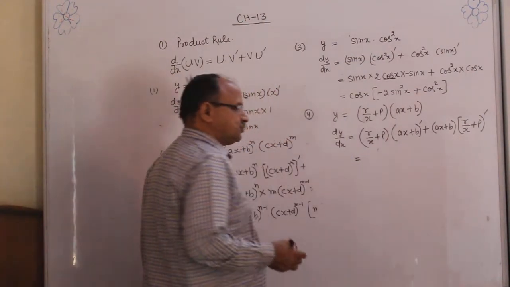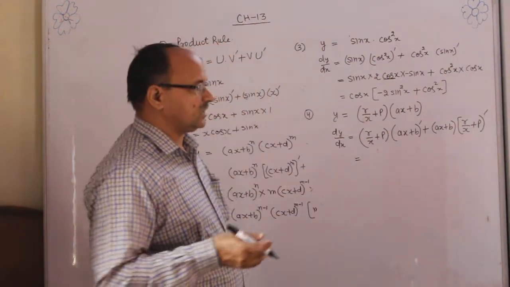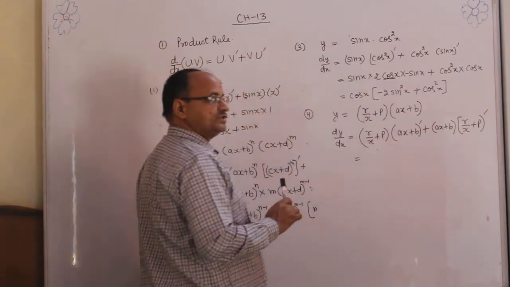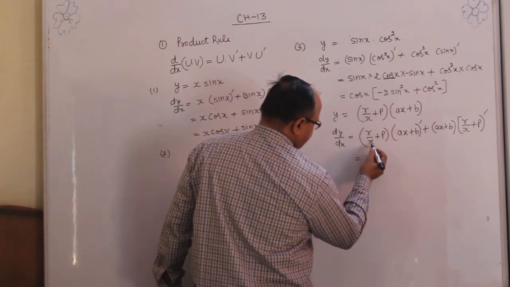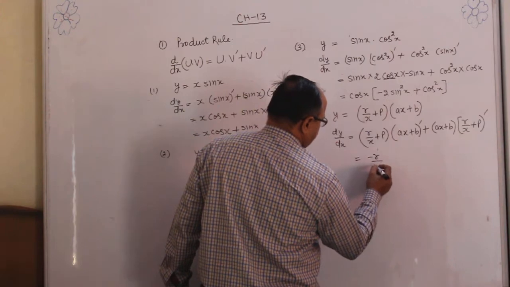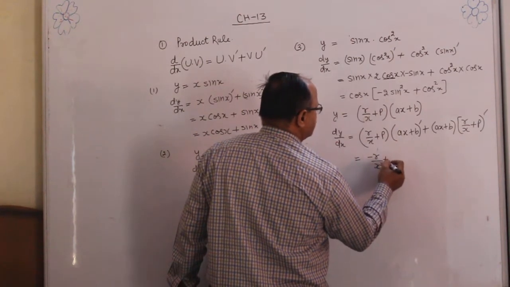You know that in this question a, b, c, p, q, r are constant terms. a, b, p, r are called constant terms. r is the coefficient that can be taken out; the derivative of 1 by x is minus 1 by x square here, and the derivative of p is 0.